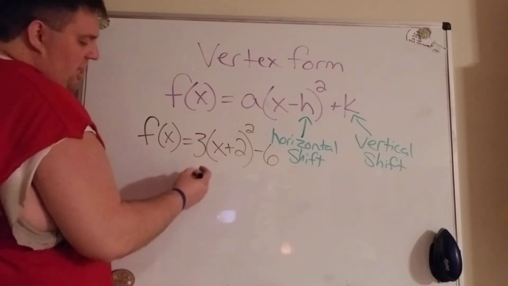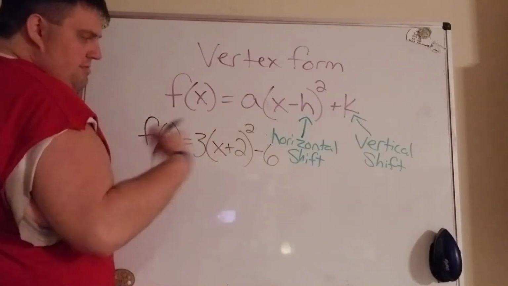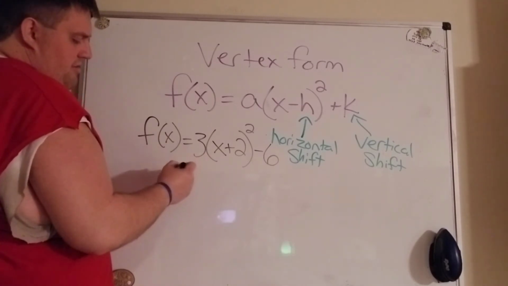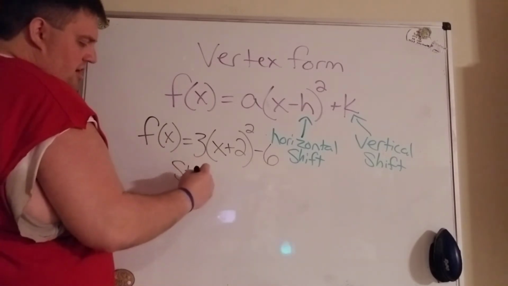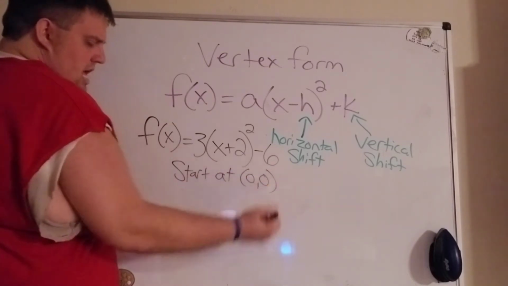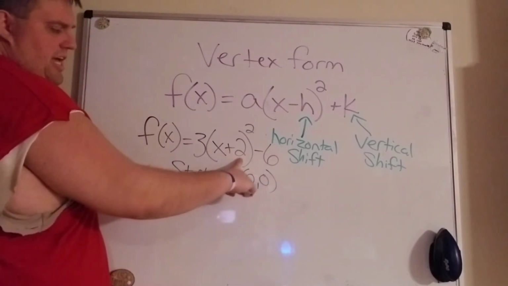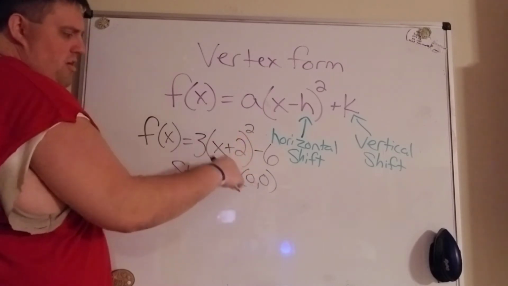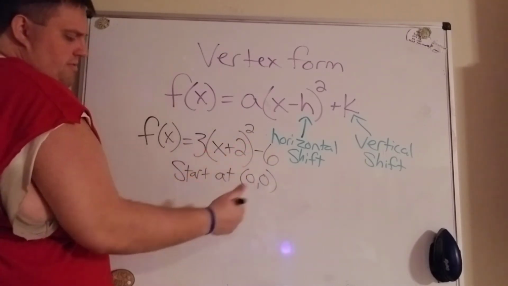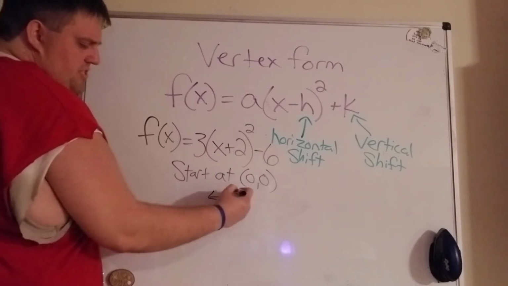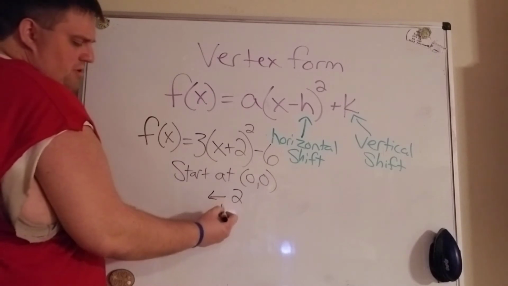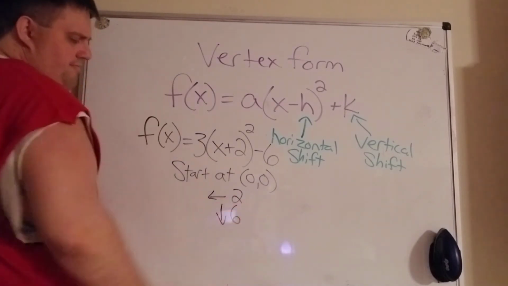We always start at 0, 0 because our parent function has a vertex at 0, 0. So start at 0, 0, and then just move whatever your shifts say. So inside here we have our horizontal shift. If it's plus 2, that means we're going left 2. So we want to go left 2. On the outside here, minus 6 means we're going down 6.